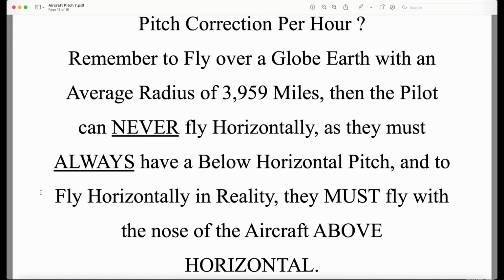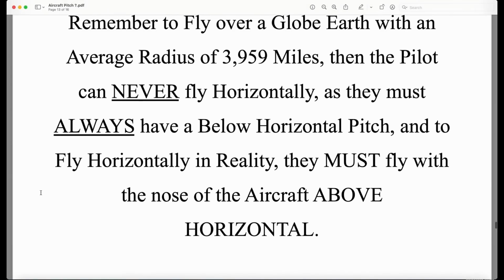And to fly horizontally, in reality, they must fly with the nose of the aircraft above horizontal. They can't fly with the nose or the chord line below horizontal, as they won't have lift, and it'll also be a descent towards the ground. So it's complete and utter nonsense to think that they can fly and pitch down and fly and pitch down. They can't do that. And I'm going to show you why they're not doing it as well.